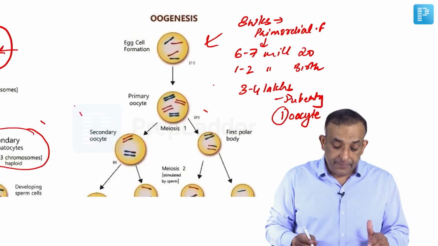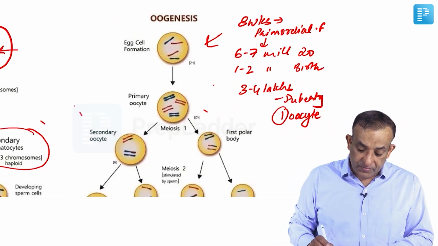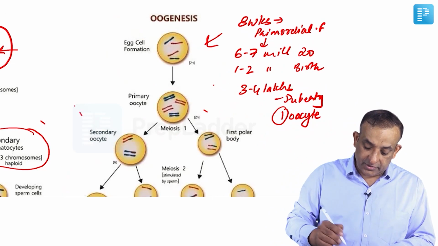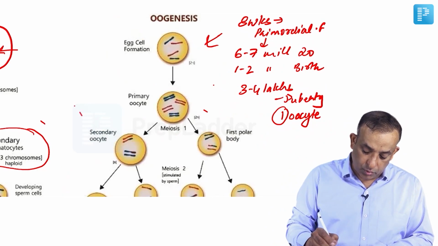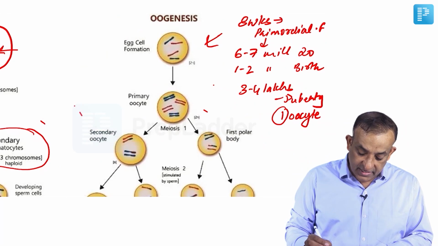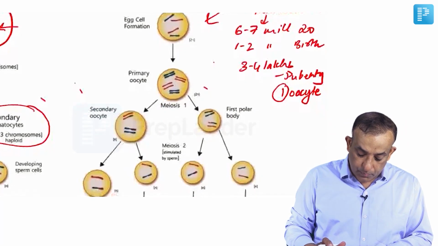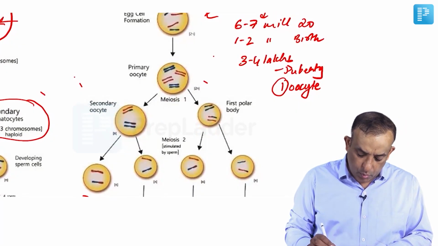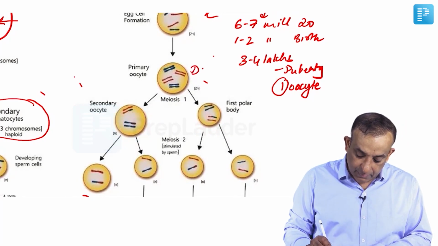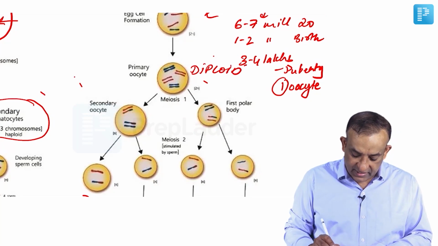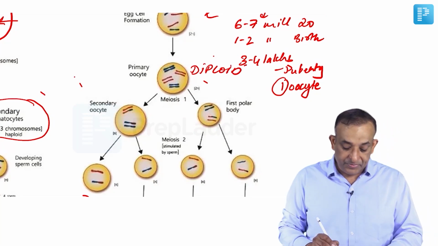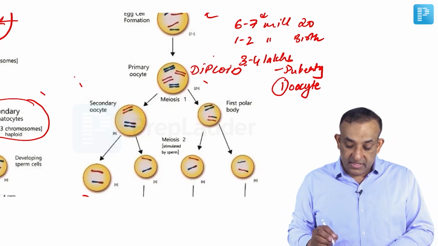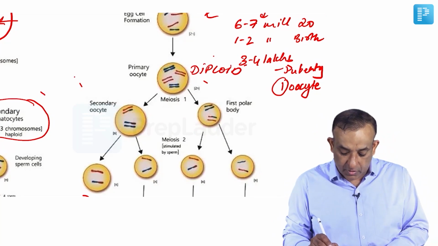Now, let us see what happens in oogenesis. Right from the intrauterine life stage, oogonia are present, and these will convert into primary oocytes. When they become primary oocytes, there will still be a diploid number, but when they become secondary oocytes, they become haploid in number. So, this is the first meiotic division.